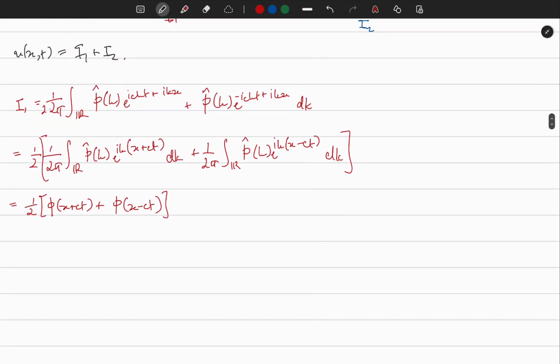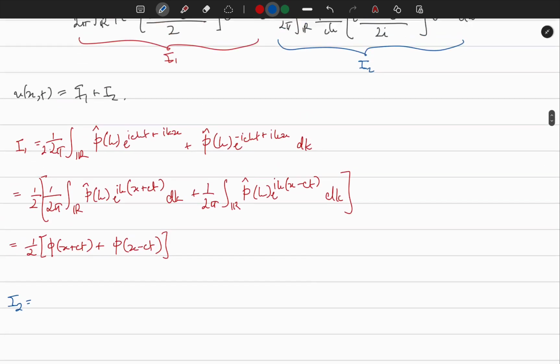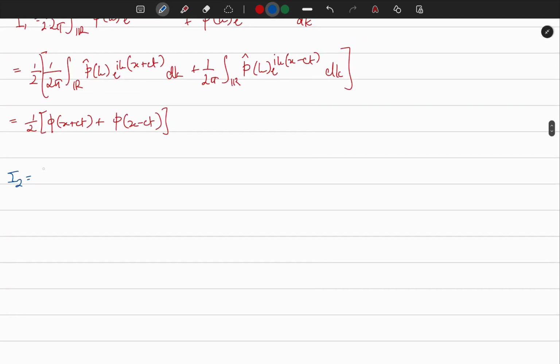All right. Now how about the second integral? The second integral is a similar thing.